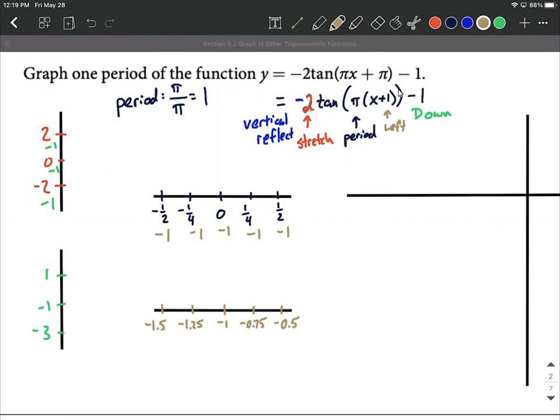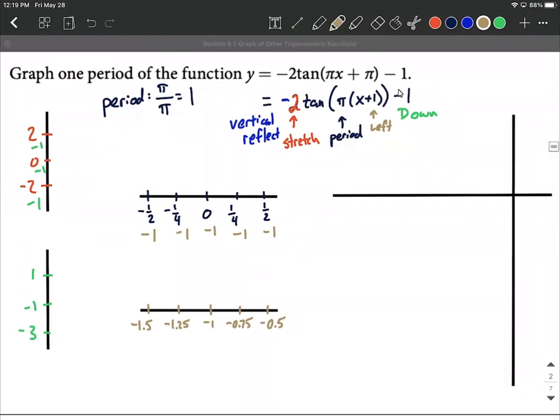All right, now that we have all of our labels, let's go ahead and put those on our graph and put this all together. All right, so our x values, we have negative 1.5, negative 1.25, negative 1, negative 0.75, and negative 0.5.